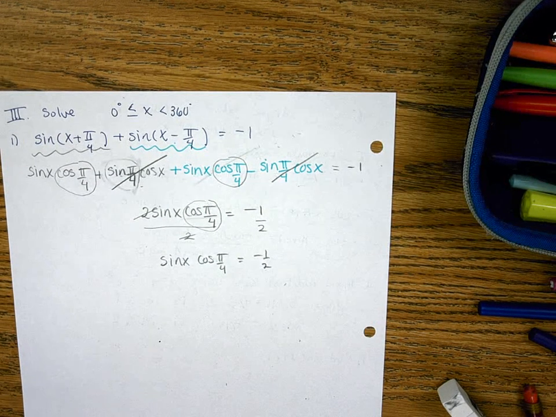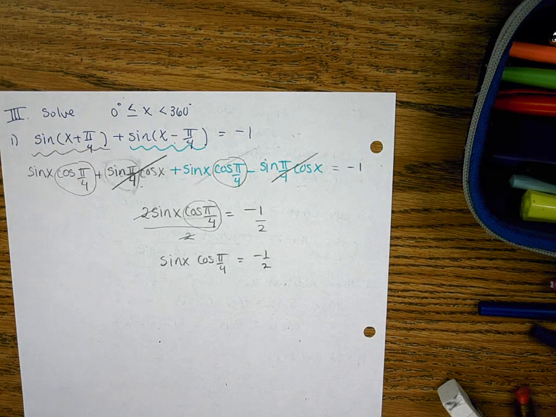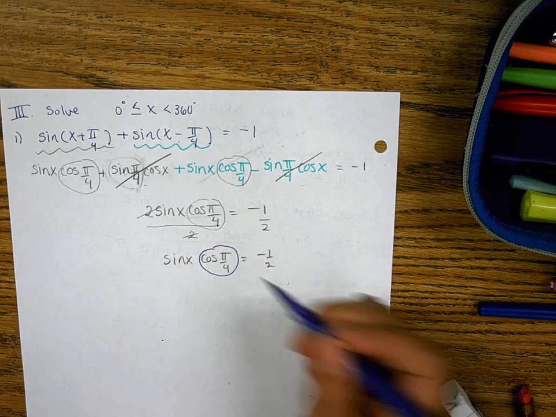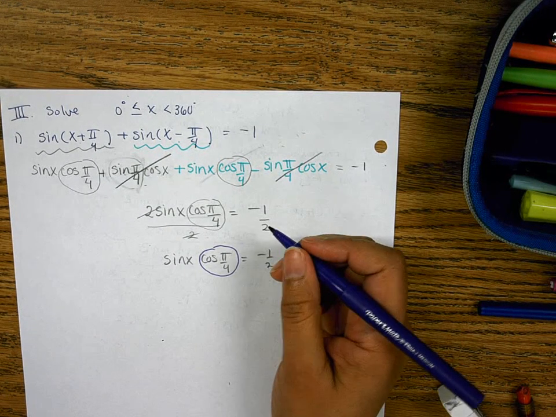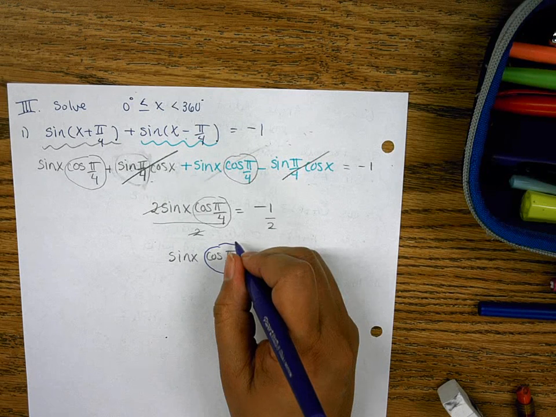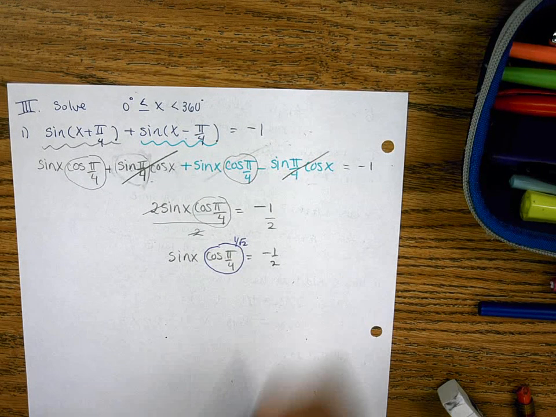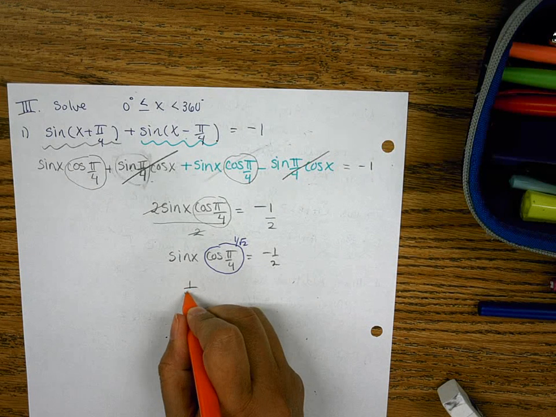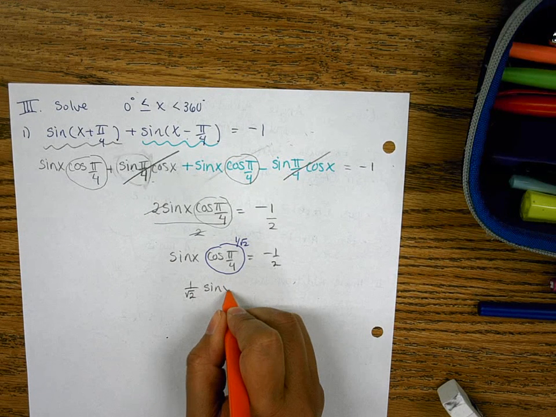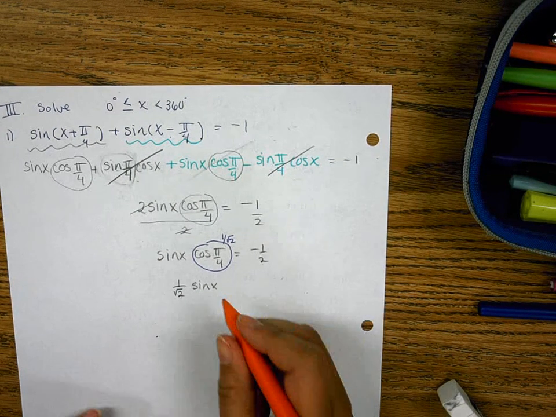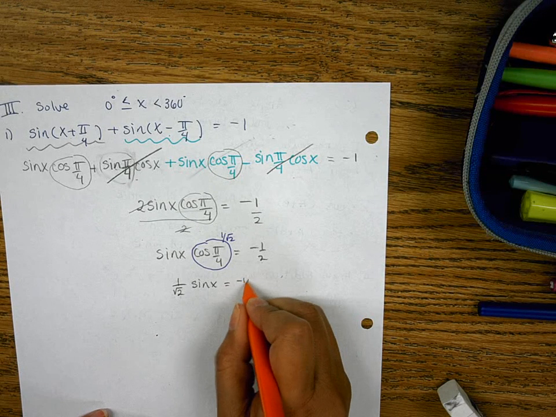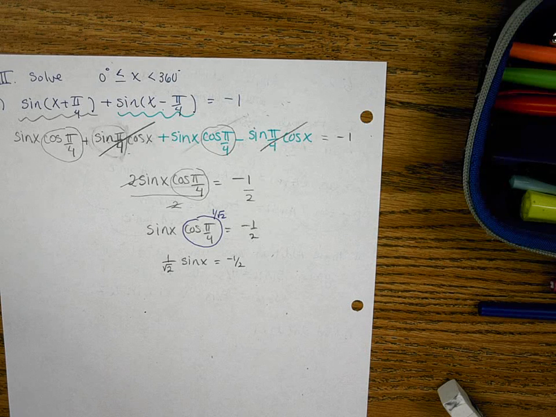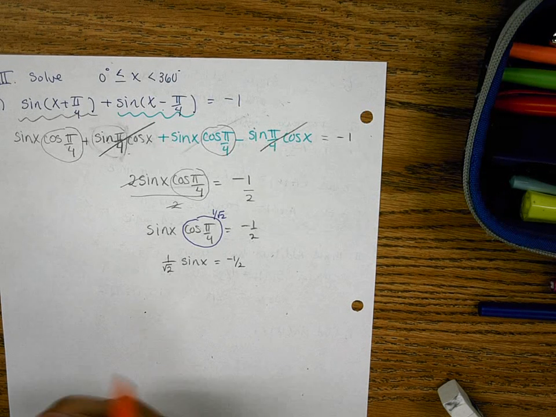All right. What is cosine of pi over 4? It's on our unit circle. Cosine of 45 degrees is 1 over root 2. The only thing I'm going to do is bring it out as a coefficient. 1 over root 2 sine x equals -1/2.